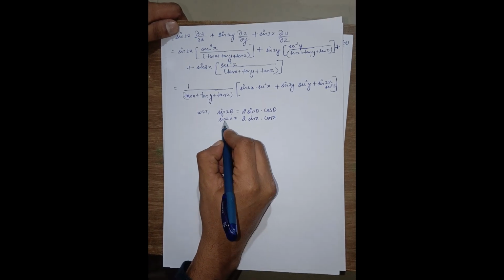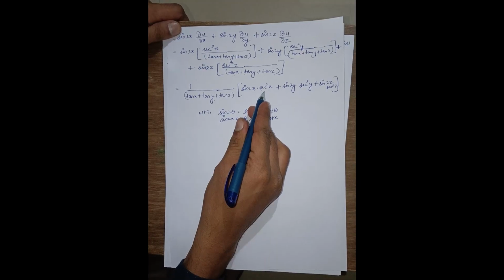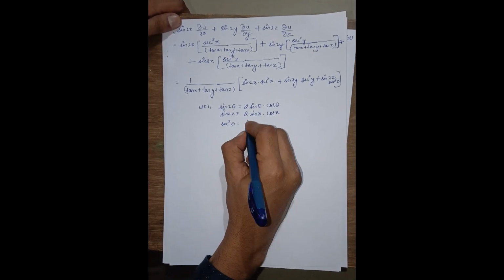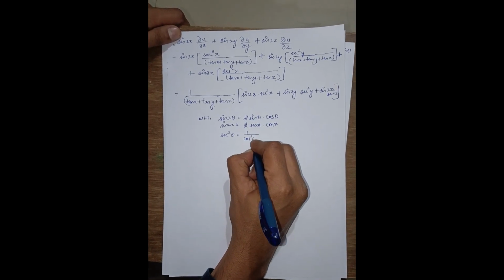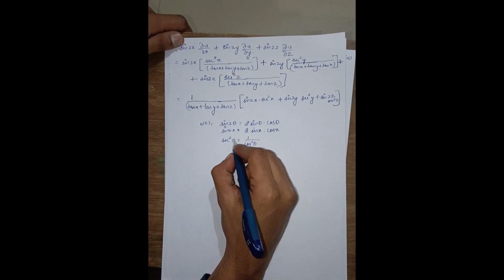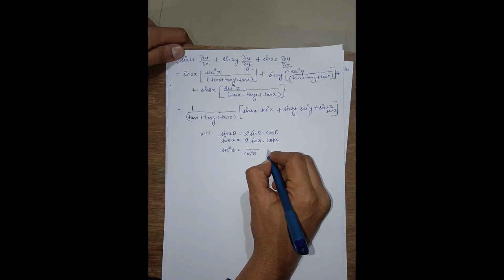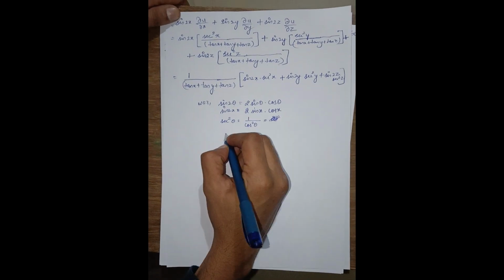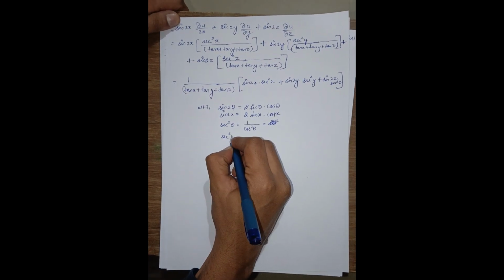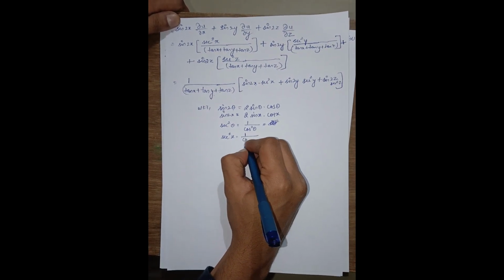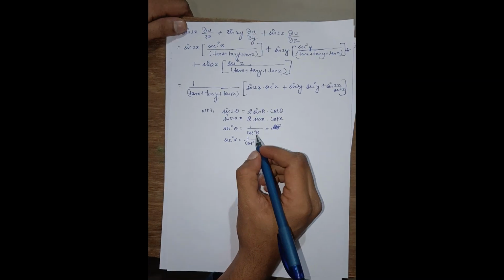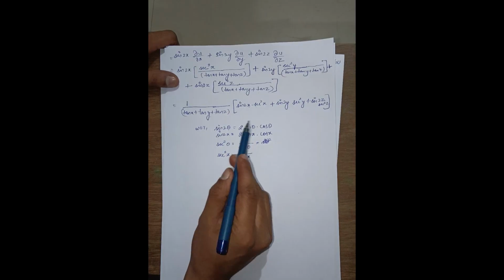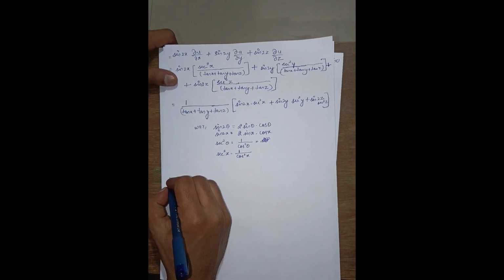Now take this secant square. Secant square theta is equal to 1 by cos square theta. This is the formula for secant square theta. In the same way, secant square x is equal to 1 by cos square x. Now I'll substitute this term by this and this term by this.